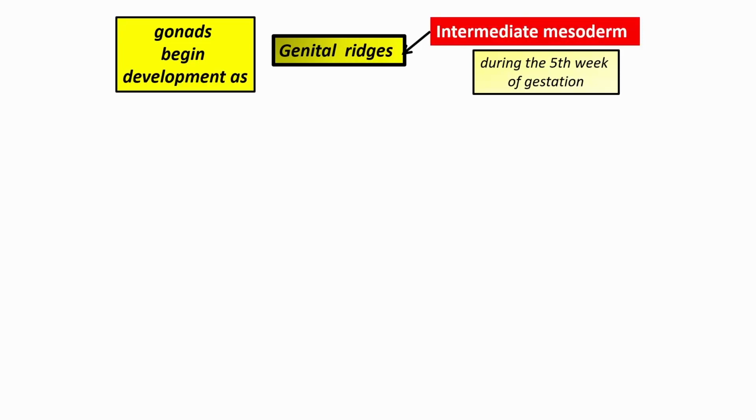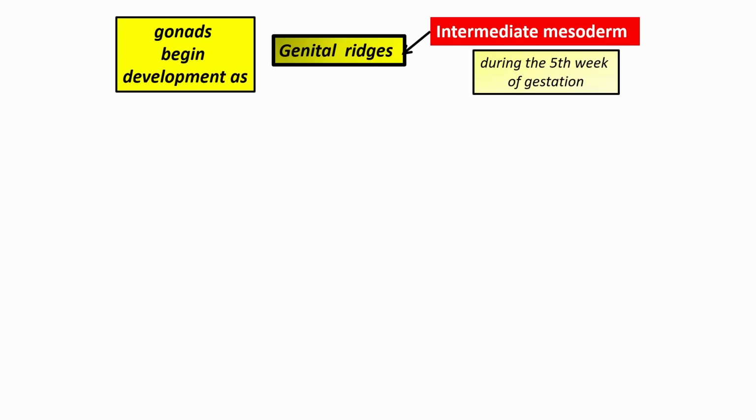Do we know what is intermediate mesoderm? The answer is yes. We have just described it as at one stage the embryonic disc was a single piece of paper, then it developed into 2, and then it developed into 3.